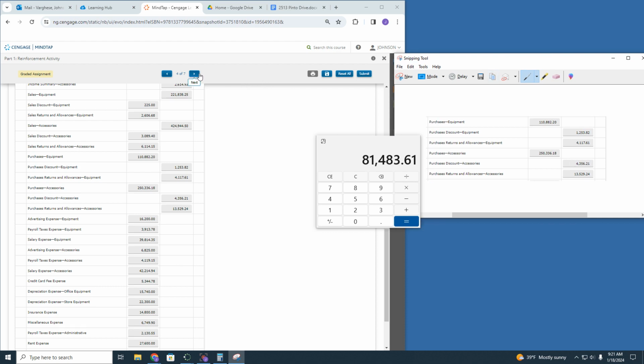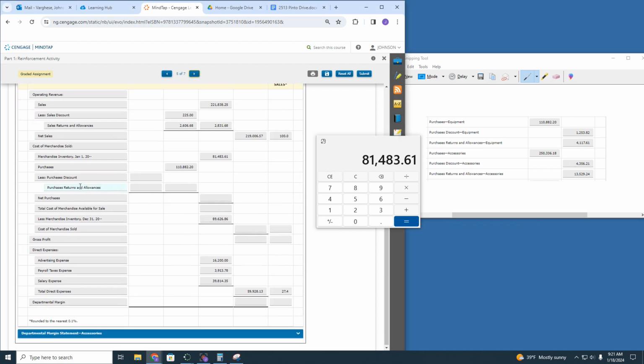Go back, and I have my purchase discounts for equipment, $1,253.82. And then I have my purchase returns and allowances at $4,117.61.